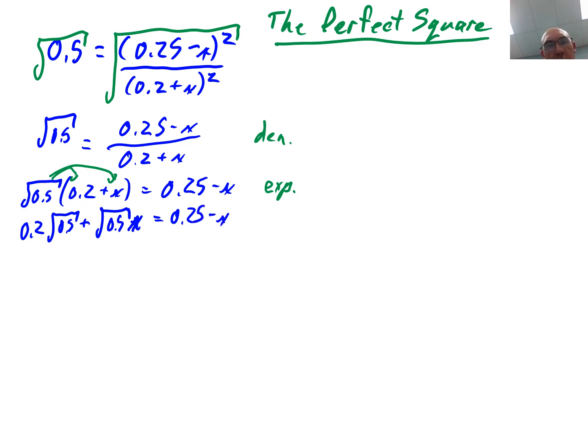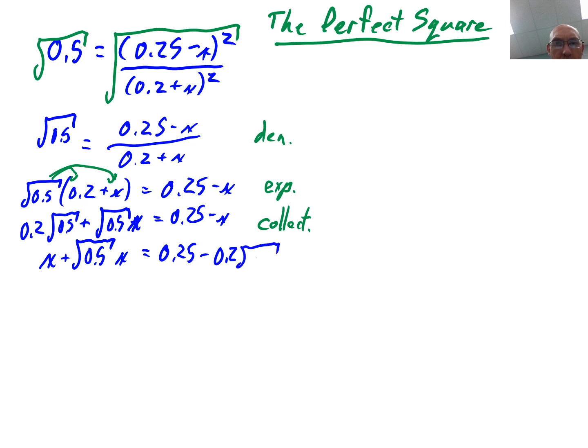We now have four terms, two with x's, two with not. Collect like terms. Given the values we have here, it's easier if we move the x's to the left and the numbers to the right, because the sign on the right-hand side of the x is negative. So I'm going to have x plus the square root of 0.5 times x equal to 0.25 minus 0.2 times the root of 0.5.